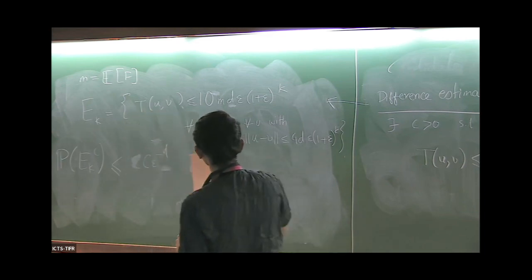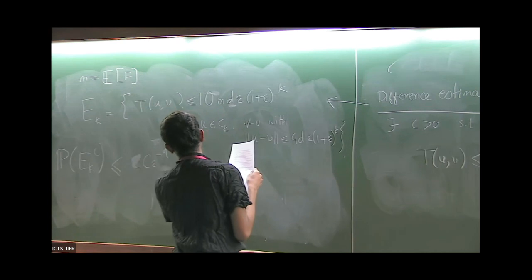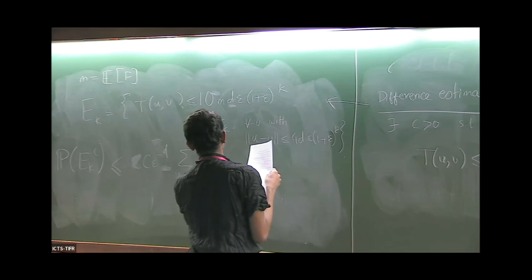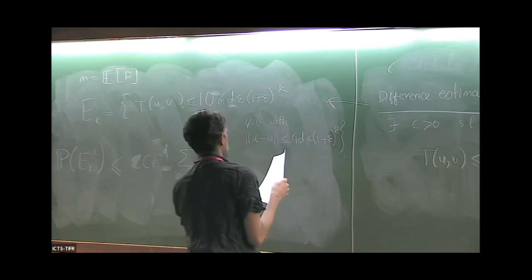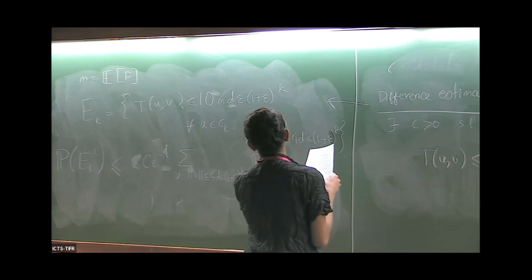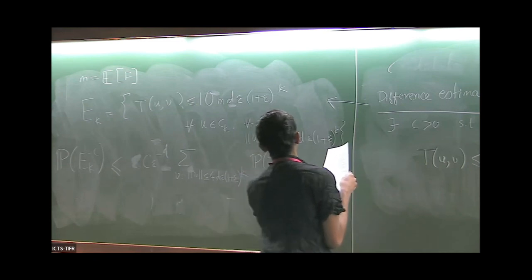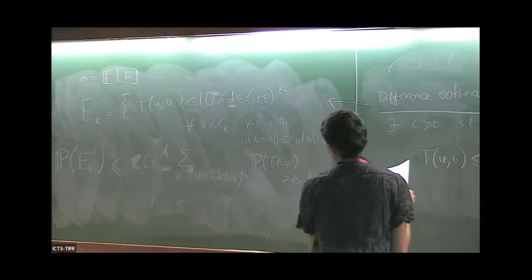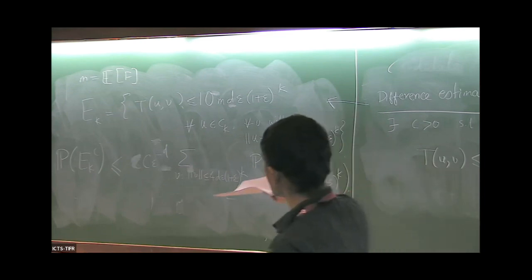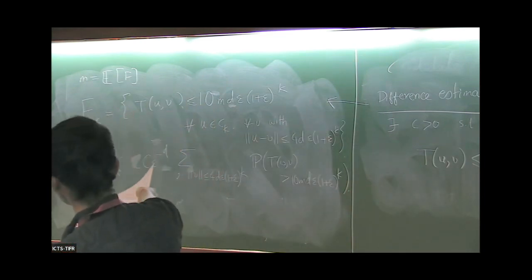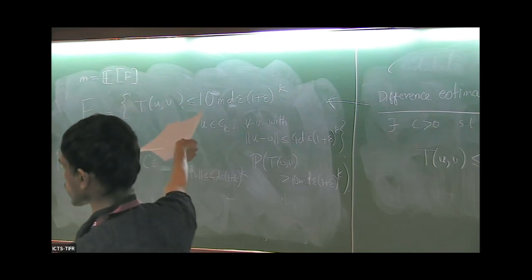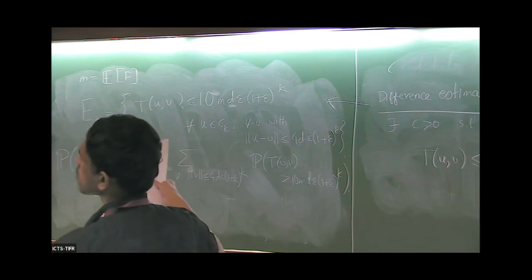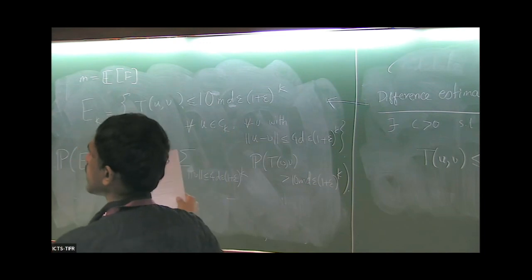This is a union bound, and then I sum over all V. So I needed to sum over all U, and then I needed to sum over all V which is close enough to U. The sum over U gives epsilon to the minus d outside, and for the sum over V, because of translation invariance, I have now shifted U to 0.